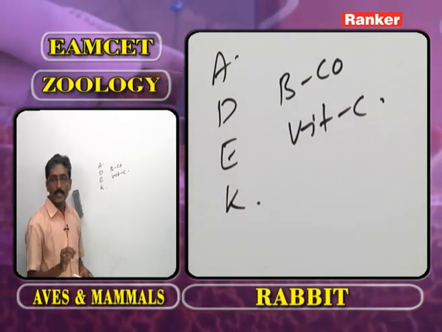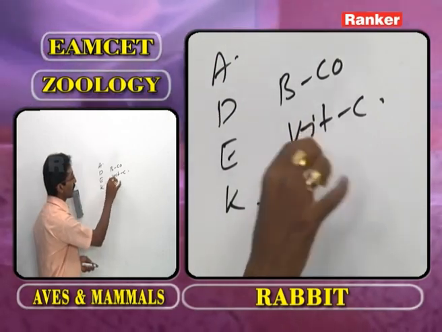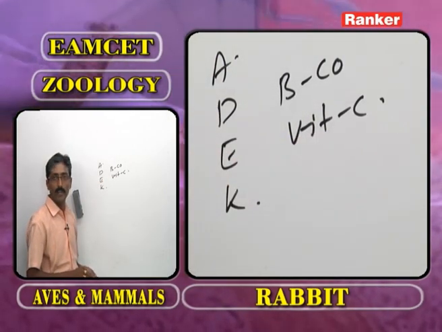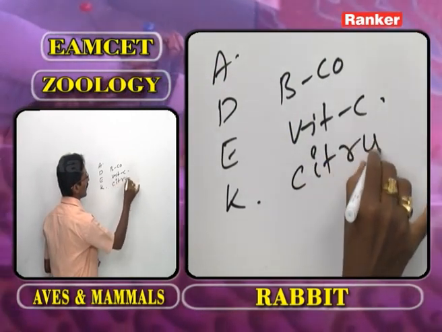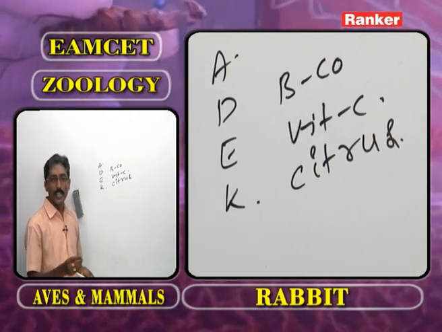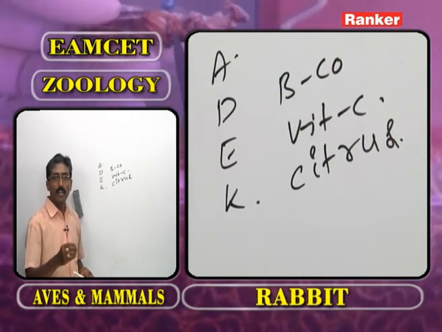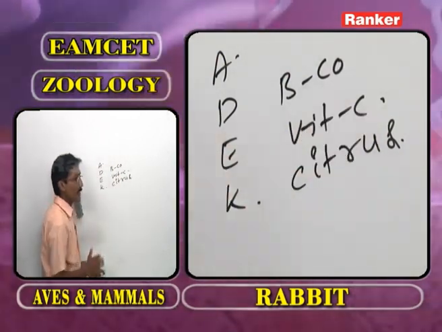Now, ascorbic acid deficiency. Vitamin C is generally available in all citrus fruits, for example mango, grapes, etc. In all these fruits, vitamin C is abundant.